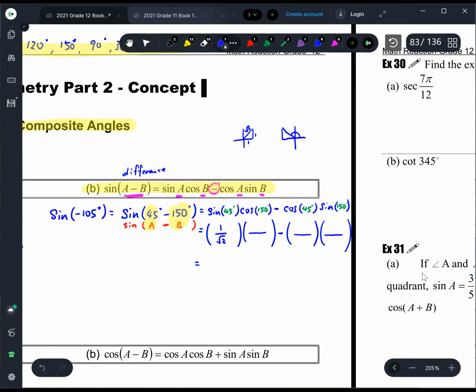If it's 150 degree, the reference angle should be 30. 30 is the shorter side, so it should be 1, 2, root 3, 2. Please raise your hand if you figured out the four brackets.